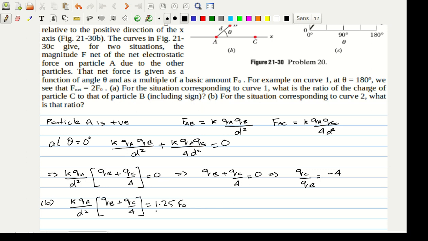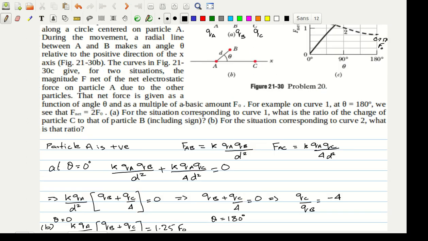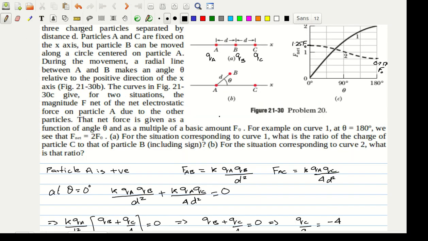Now at theta equal to 180 degrees, what happens? Particle B comes to the other side of particle A, and whatever its direction of force was at theta equal to 0 degrees, now the force will be in the opposite direction.